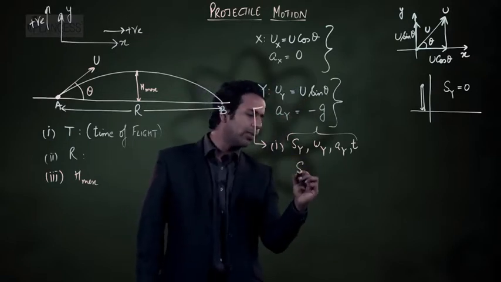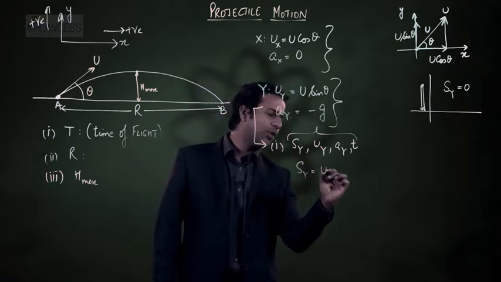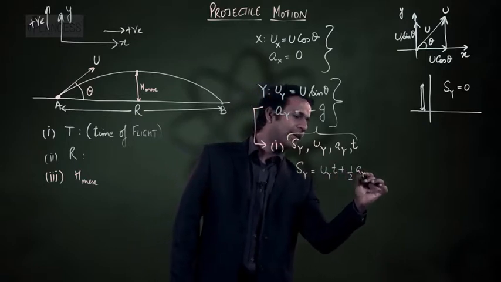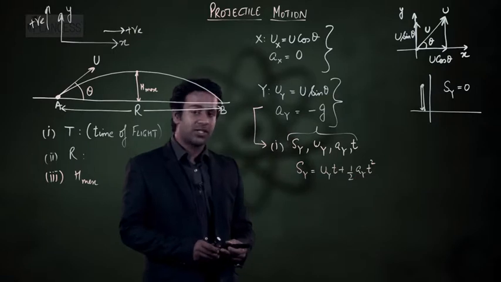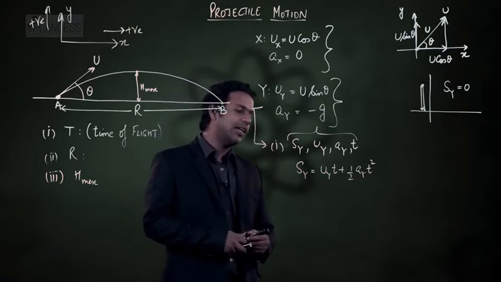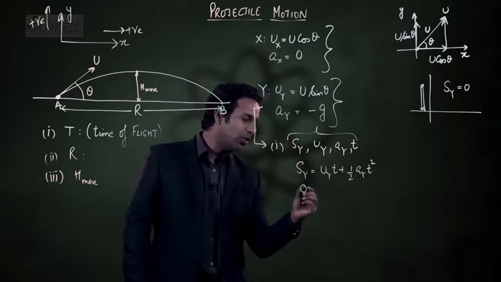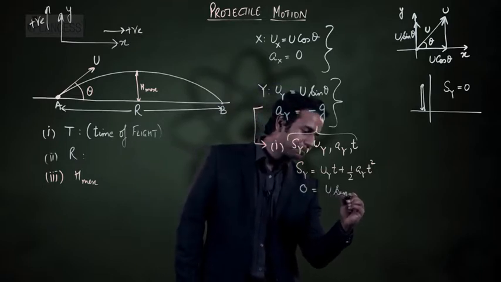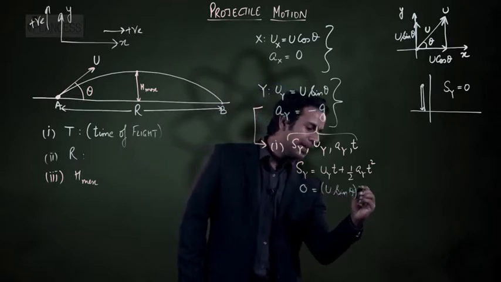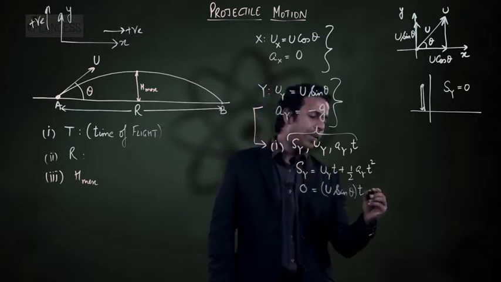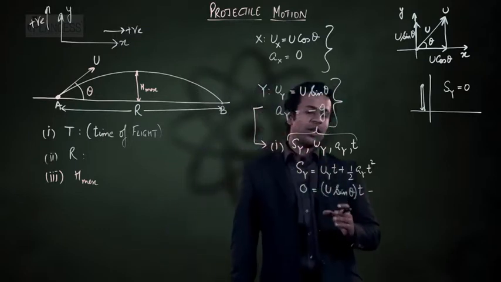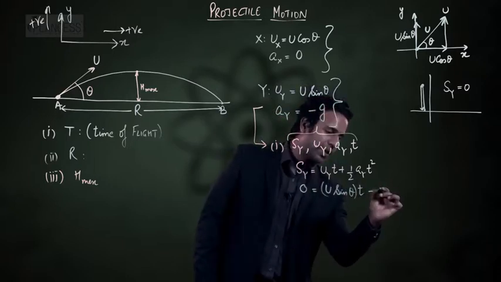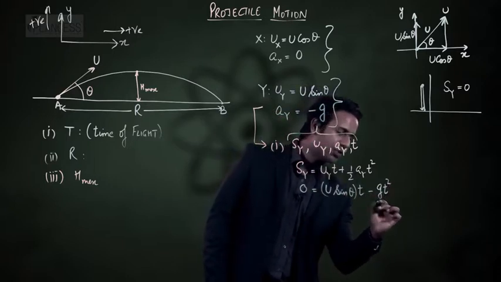So doing so, we know that Sy will be equal to Uy t plus half Ay t square. Now substituting values, you see that Sy is 0, Uy is u sin theta, t is left as such, and the acceleration along y is minus g, and hence this becomes minus g t square by 2.